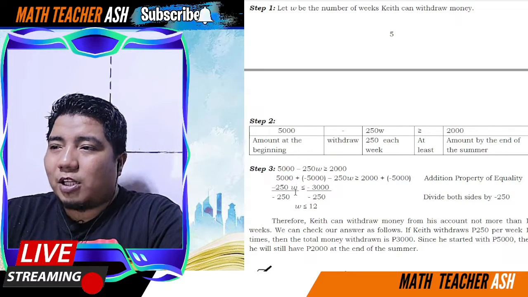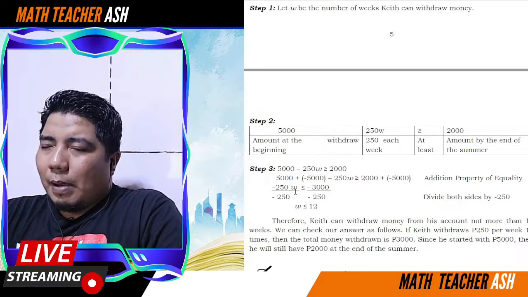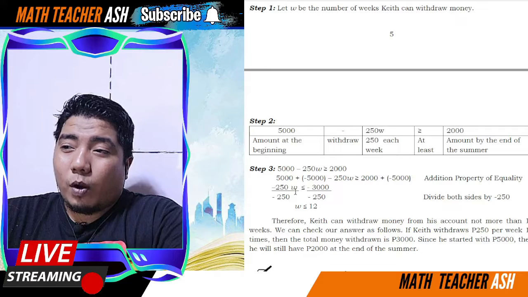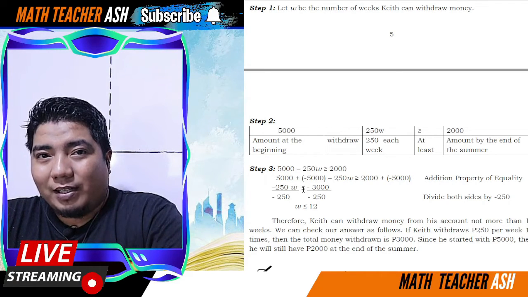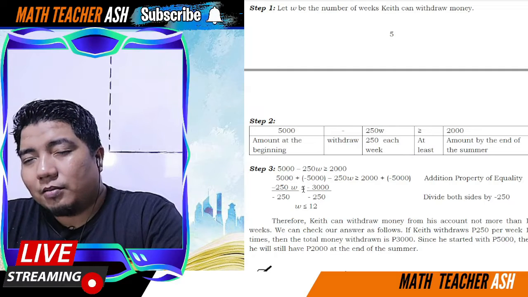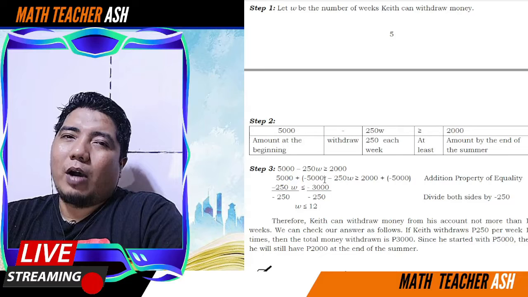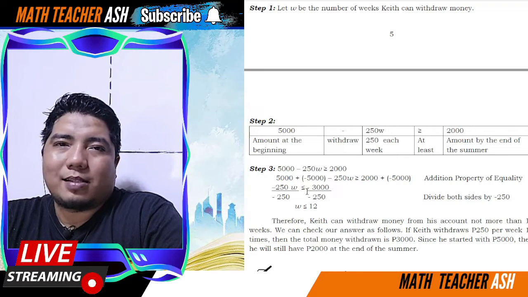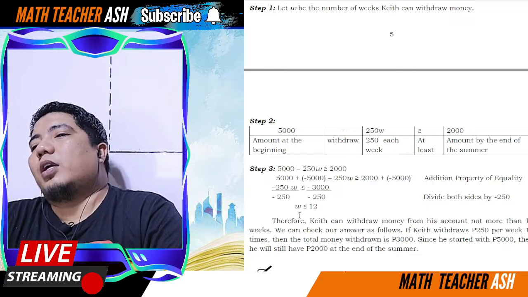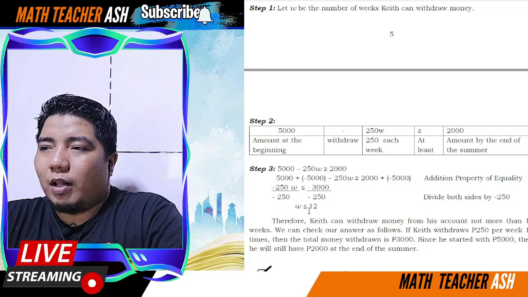However, my dear math learners, dahil nag-divide tayo ng isang negative number, remember the rule in inequalities na kapag ikaw ay nag-multiply or nag-divide ng isang negative number, yung inequality symbol mo ay magiging opposite. So, from greater than or equal to, magiging less than or equal to na yan. Okay, so therefore, W is less than or equal to 12.